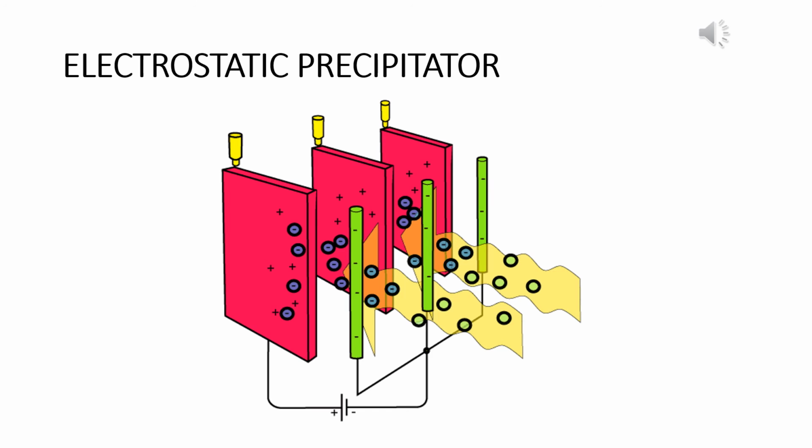So the particulate matters which are positively charged will get deposited on the plates which are negatively charged, and particulate matters which are negatively charged will get attracted to the plates which are positively charged. Like this, when the air gets out from the outlet on the opposite end, it is totally free of the particulate matters, which have already been deposited onto the surface of the charged plates because of unlike charge attraction.